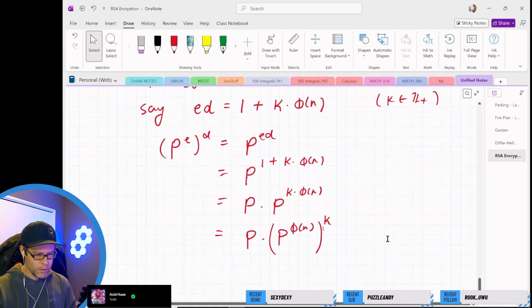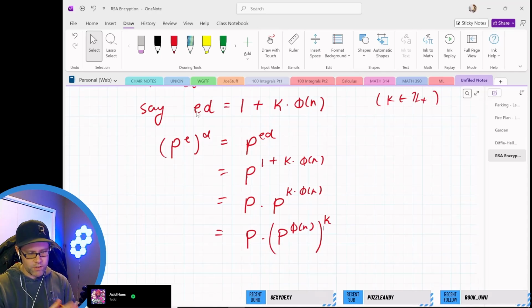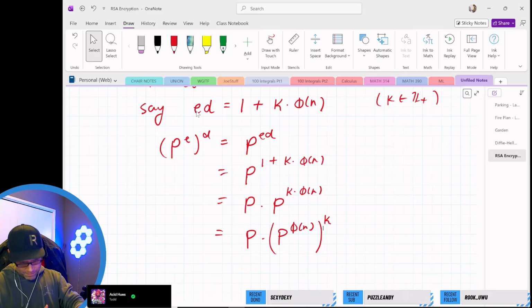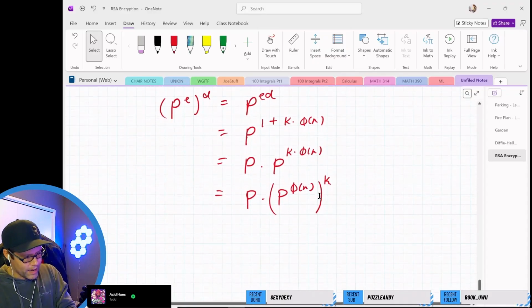Okay, so there's a little bit of work involved here, and it really relies on the fact that e and d are inverses of each other, mod phi n. So if they're inverses of each other, mod phi n, which is what we stipulated above, then I have this kind of relationship. When I apply mod n, look what happens.